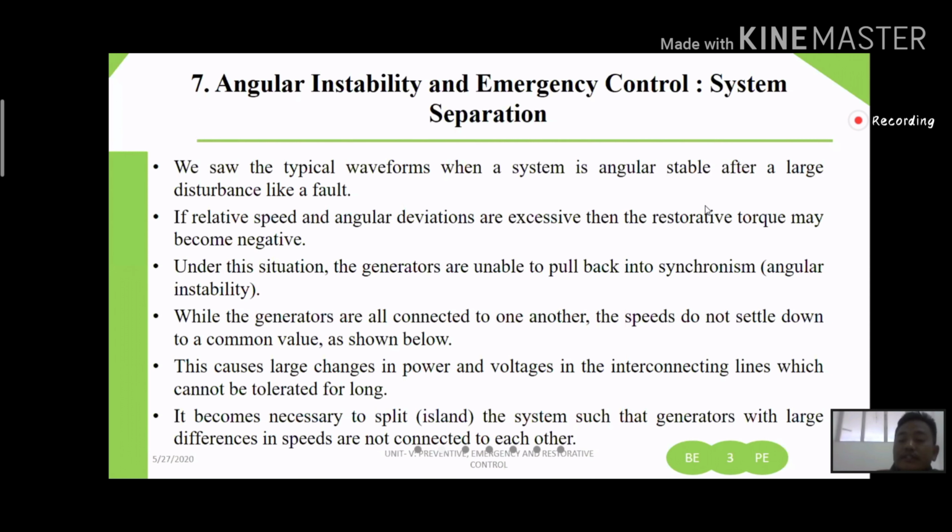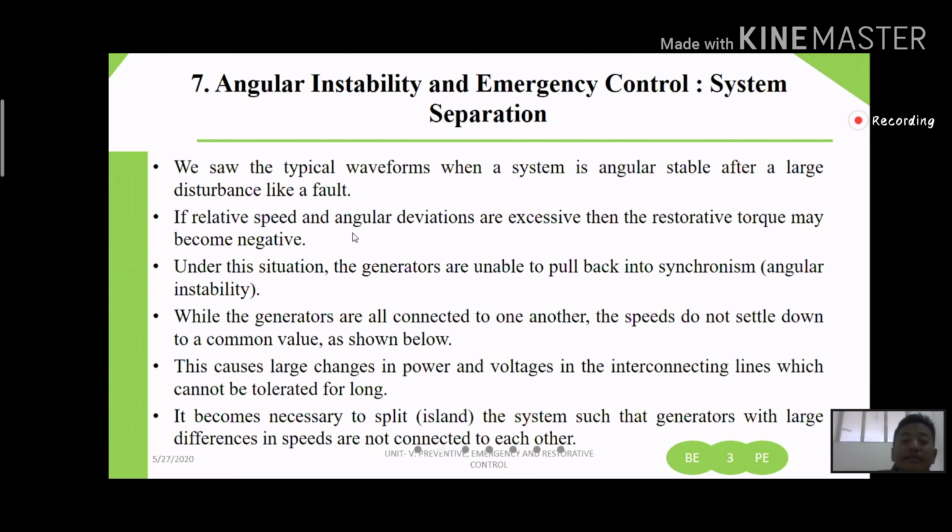When the restorative torque becomes negative, it will not be able to pull back into synchronism, which we call angular instability.